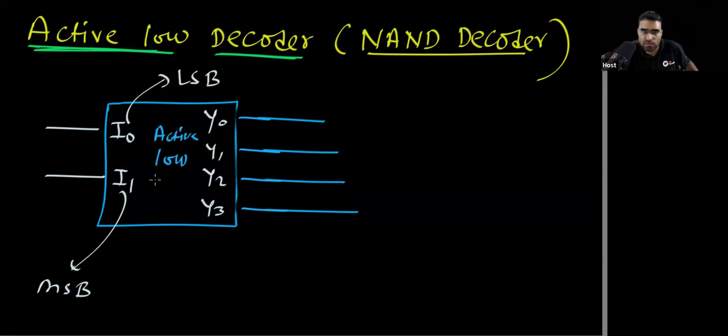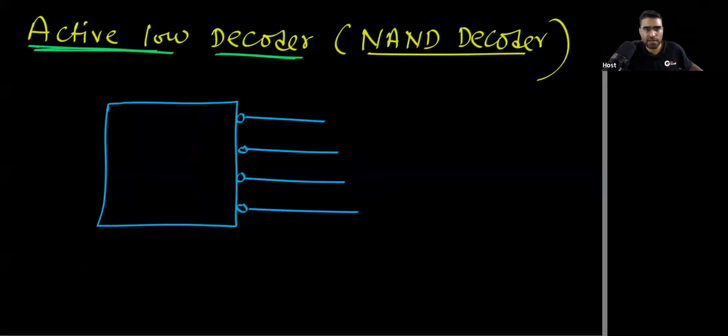Is this clear? Again, very simple. For example, if I apply 0, 1 here, then this will be 0 and all other will be 1. I hope you understood. Now, anyway, let's move on.